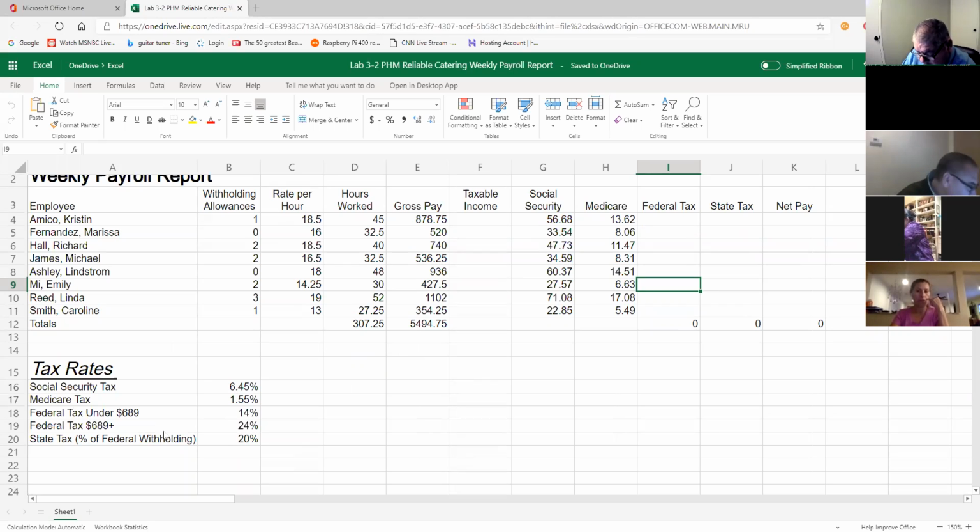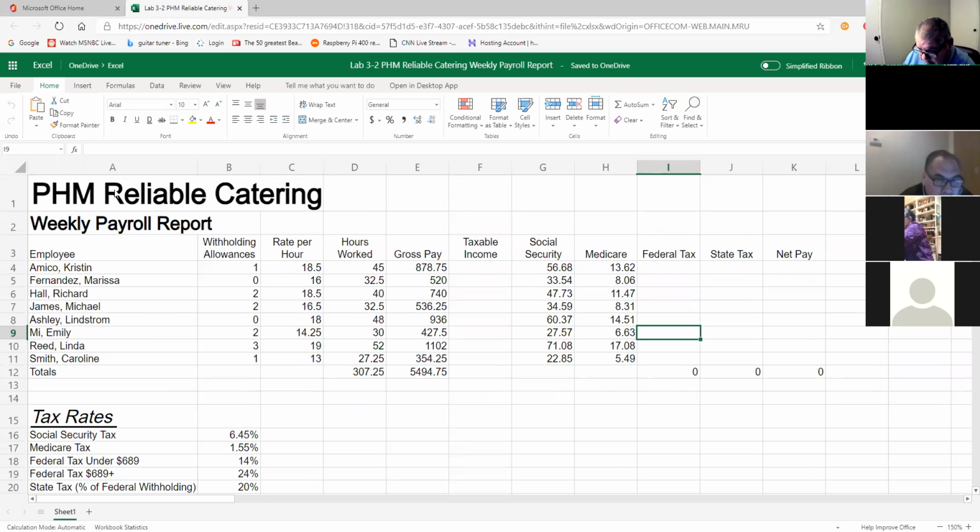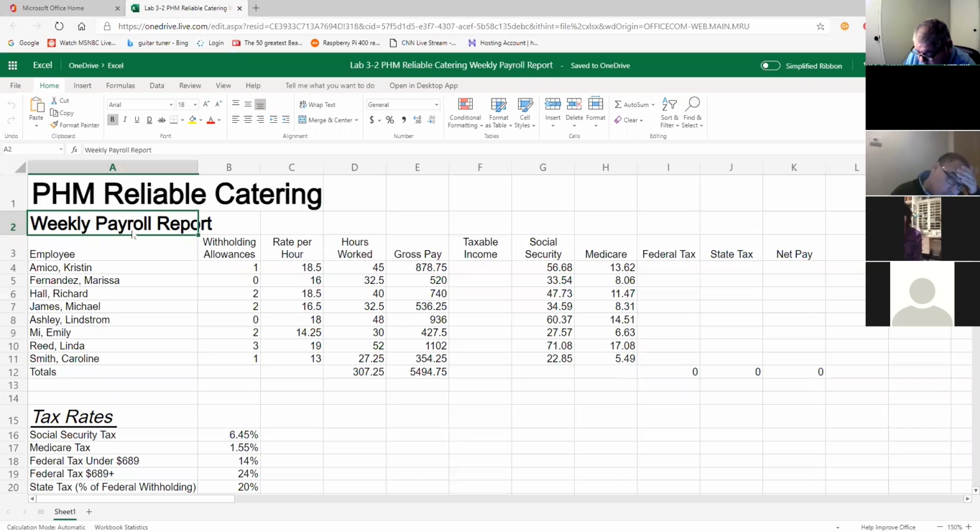So that was step number 8. Then change the font size. So we did number 9 too. We changed the font size for the title and for the subtitle to 18 points underline on tax rates. Change the row height for rows 1 and 2 and 15. I think we did that part too.